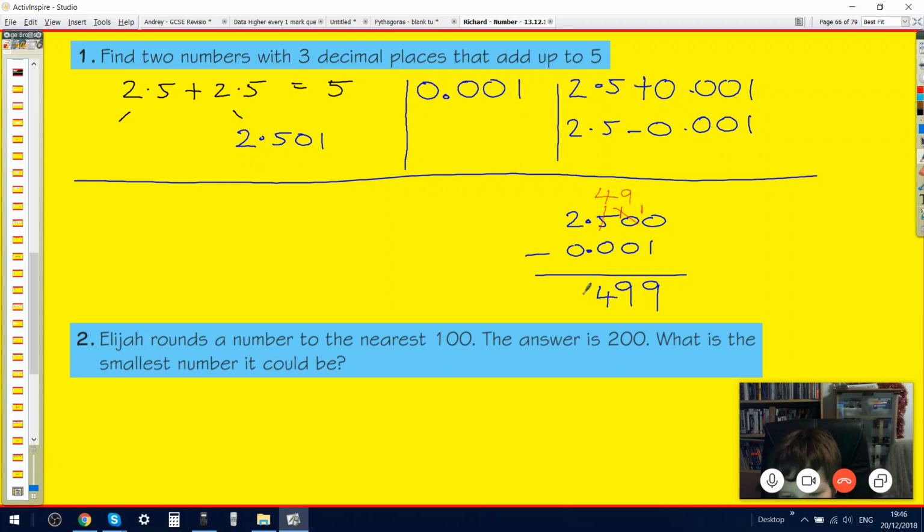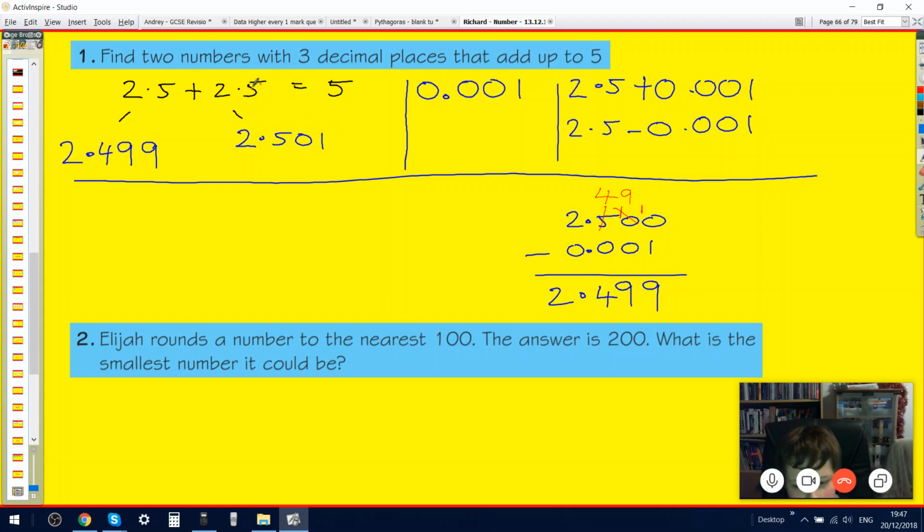And then you put down the point. And then 2 take away 0 is 2. There you go. So just 0.001 less is 2.499, and 0.001 more is 2.501.